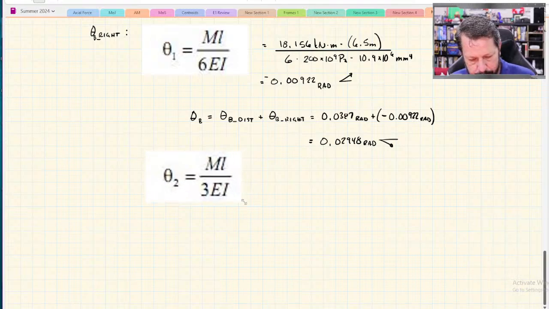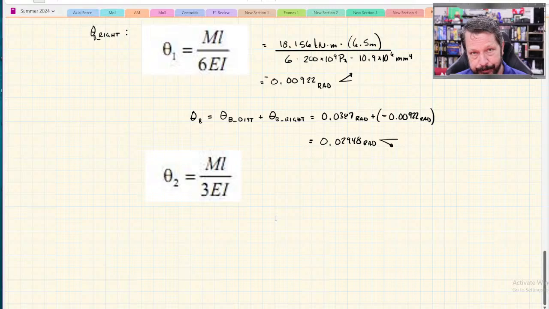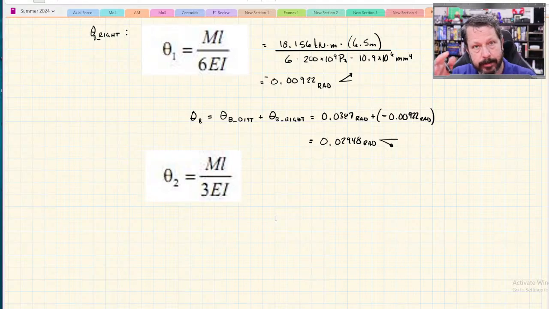It's a pin, so it can slope around the pin. I said earlier that the cantilevered sections have zero slope at the wall or the fixed support. The only problem with that is this isn't a fixed support. It is a pin, and so it is allowed to spin around there or rotate, create a slope.